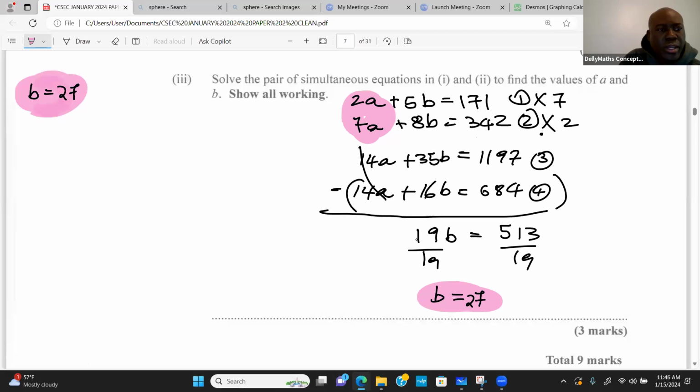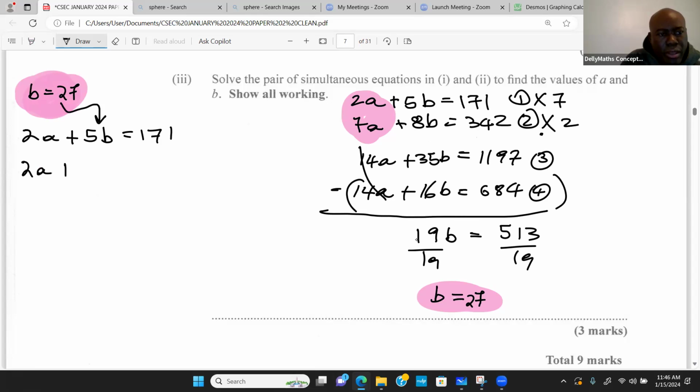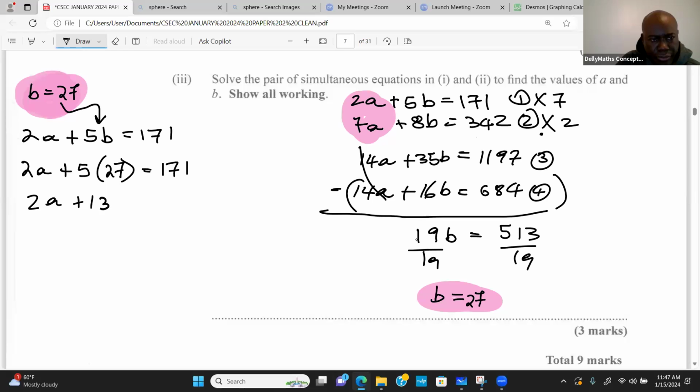Now, since b is 27, I'm going to take any one of these equations. I'm going to take the first one, 2a plus 5b, and this is equal to 171. I'm going to substitute 27 for b, so we're going to have 2a plus 5 times 27, going to equal 171. So 2a, 27 times 5 is going to give us 135.